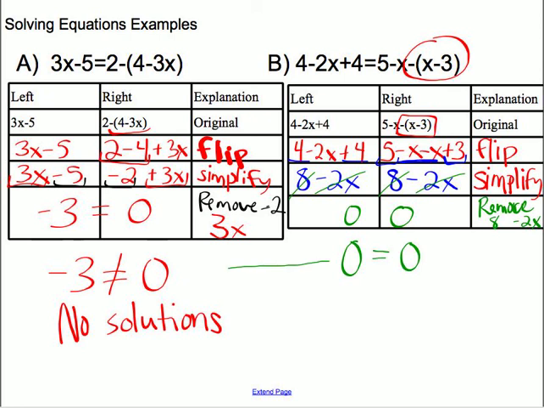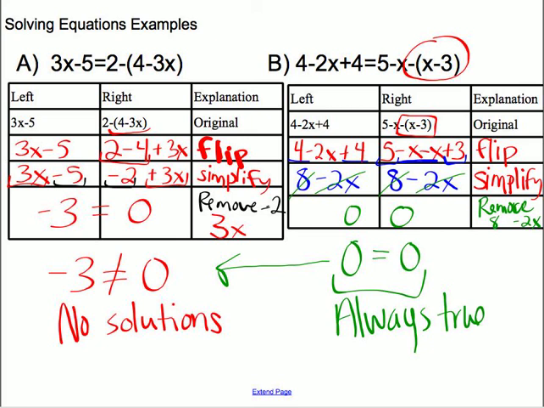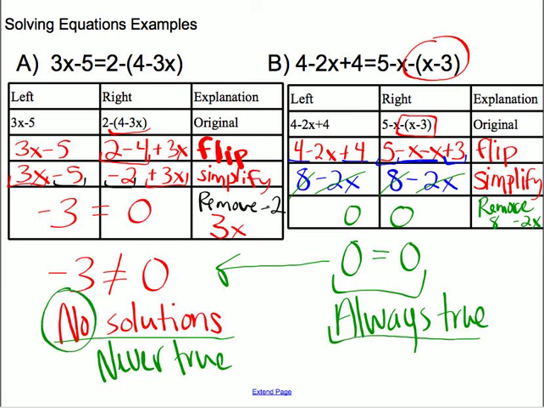It's a little bit different than what we had on the left example. When we have 0 equals 0, you should know that that is always true. On the left, this was never true. And when it was never true, we say there are no solutions. When it's always true, we say that there are all solutions.